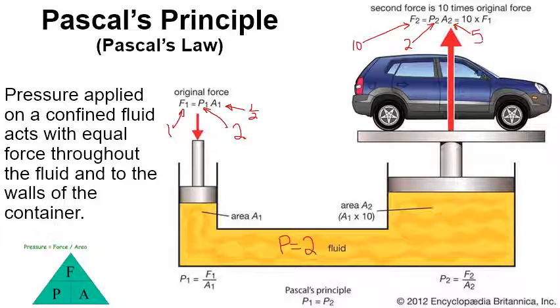So this shows you how we can apply a small force on this side, pushing down with a smaller area, and it will result in a much larger force pushing up on the other side if the area on the other side is much larger.